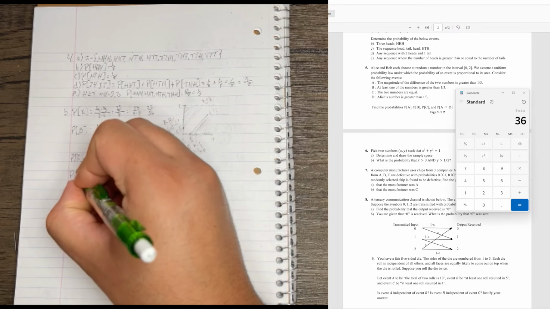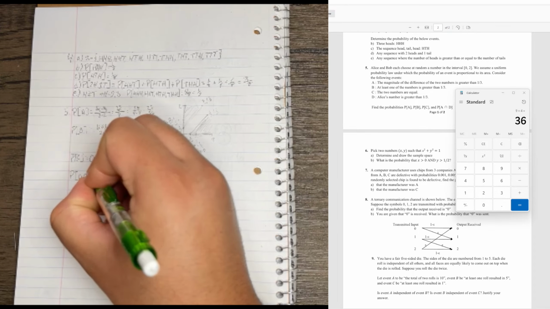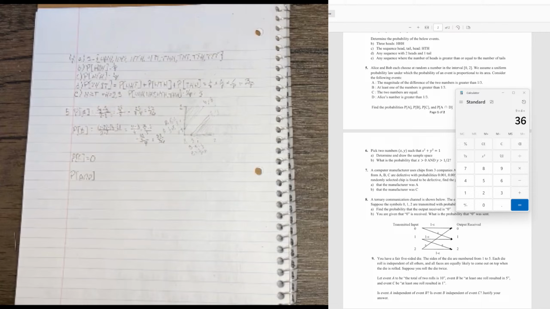Probability of A intersecting D. So basically, the same premise as before, where they intersect with each other. I won't exit that out this time. So what they both have in common, and Alice's number is greater than 1/3.